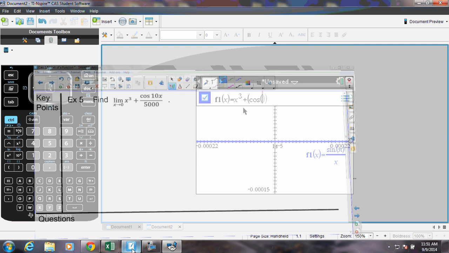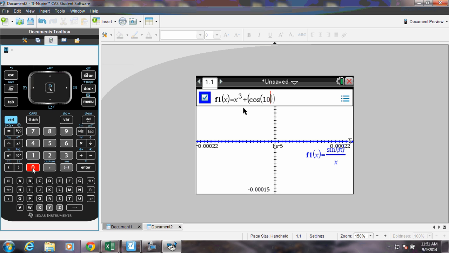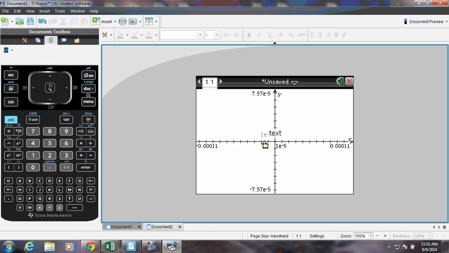Nope, 10x. Cosine of 10x, and go parentheses over, divided by 5000. And so, there we go. Why can't I see anything? Yeah, because I'm zoomed way in. So d to the 5th.